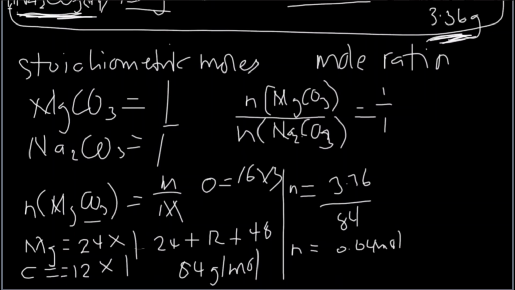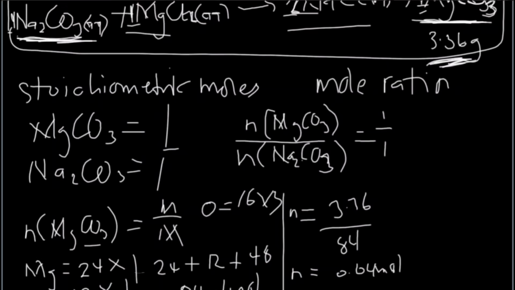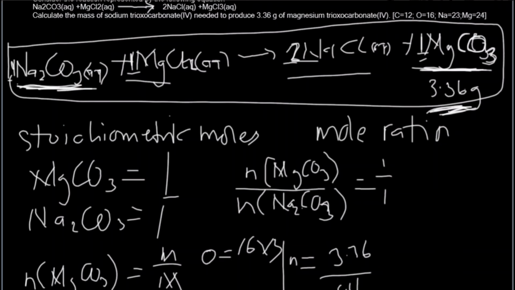All right, so 0.04 moles. So it means the moles for this is 0.04 moles. We've turned this mass into moles. Then we use the mole ratio to compare the moles. Since it's 1 over 1, the same moles will be here.